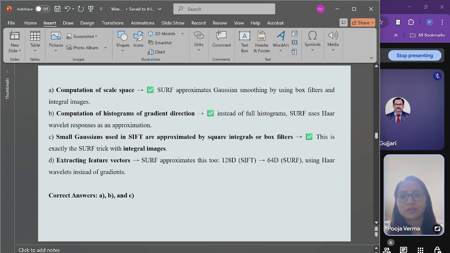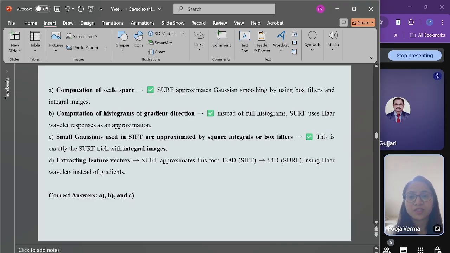Okay, so here, computation of the scale space: SURF approximates Gaussian smoothing by using box filters and integral images. That one is a correct answer, A. And the next option is computation of histograms of the gradient direction. Instead of a full histogram, SURF uses Haar wavelet responses as an approximation.